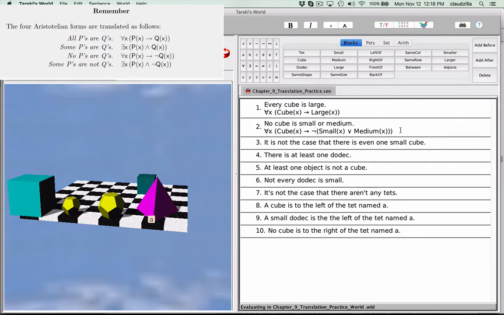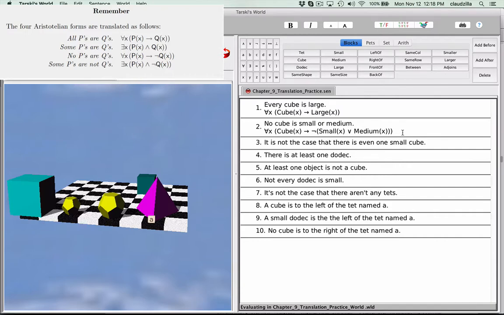One way that we can read the sentence back, that is, read out the translated sentence, is as follows. For every x, if it's a cube, then it's not the case that it is small or medium.